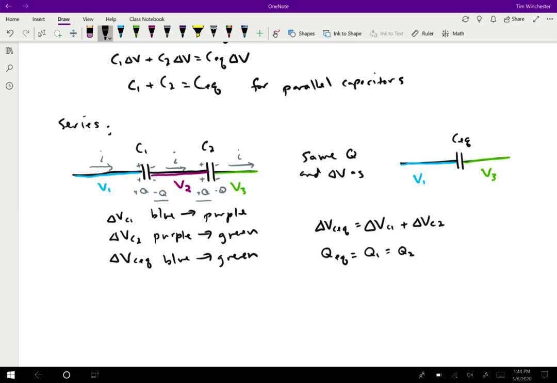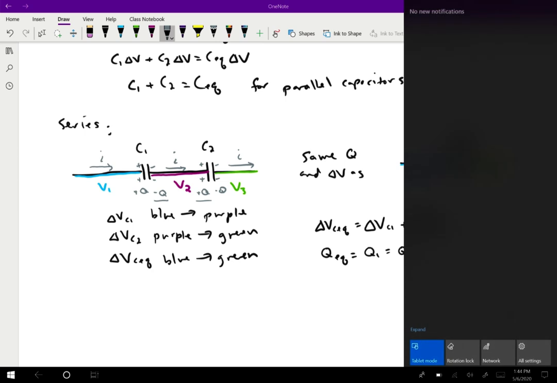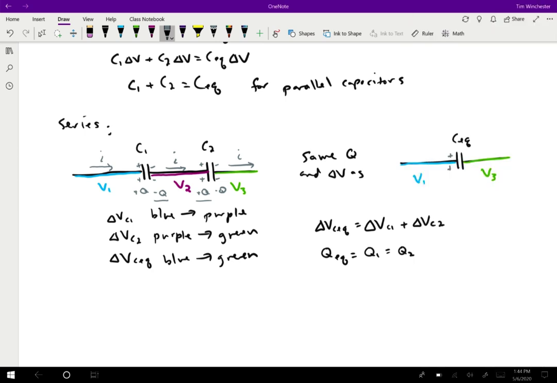All the capacitors have to have the same amount of charge on them. Why is that true for the equivalent case? Well, here I want it to look the same, so the charge is something that you'd be able to detect in the rest of the current. So the charge here, plus Q and minus Q, those have to be the same as it was for the other parts.